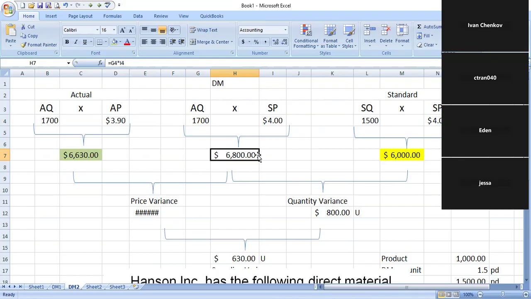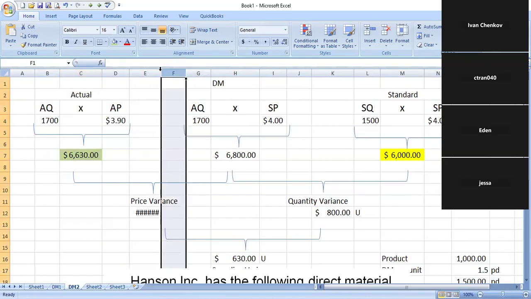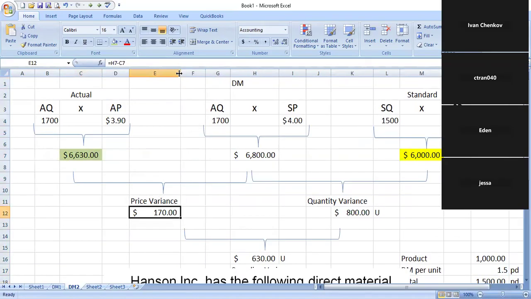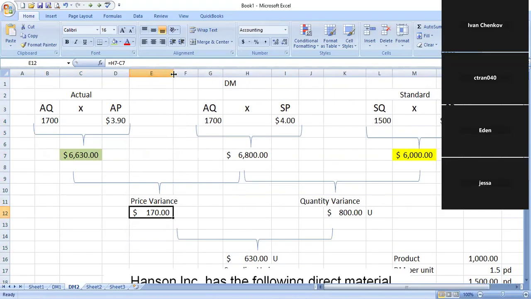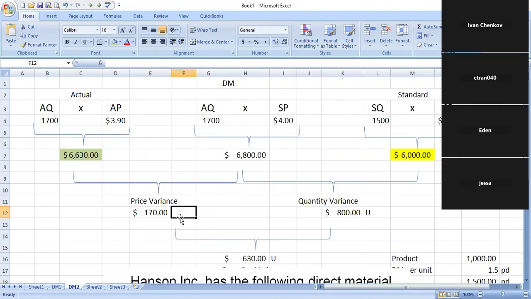I'm supposed to spend 6,800, but I'm spending 6,630. Under. How much under? 170. What will that be for me? Favorable or unfavorable? That will be favorable.